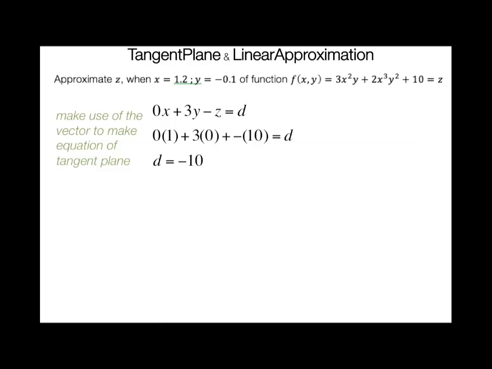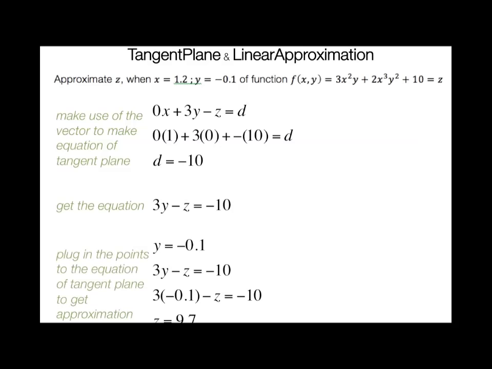Make use of the normal vector to make the equation of the tangent plane. And we get the equation, plug in the coordinates, and get the approximation.